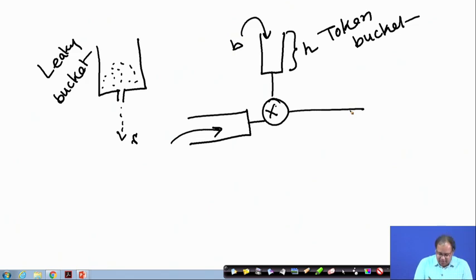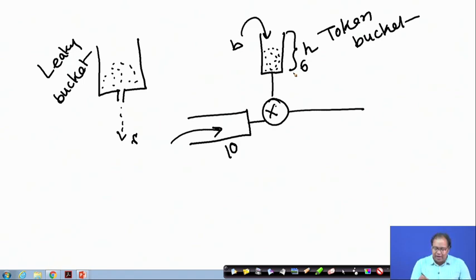The idea here is that if there is no incoming packet here, then the tokens are getting added. So, the moment you get a packet, say at an instance of time you get 10 packets, and during that time you had 6 tokens in the token bucket.